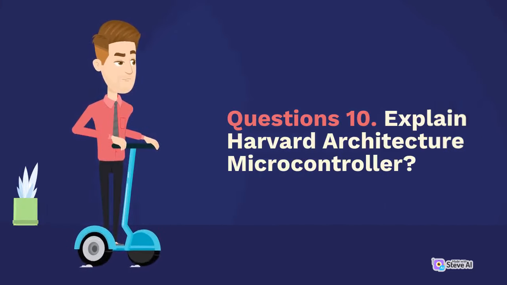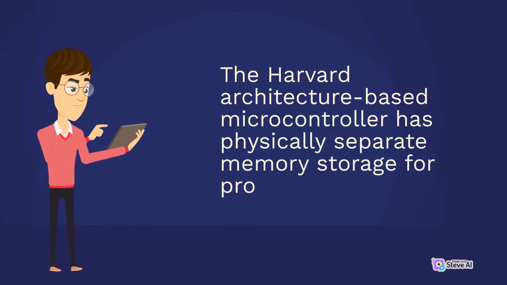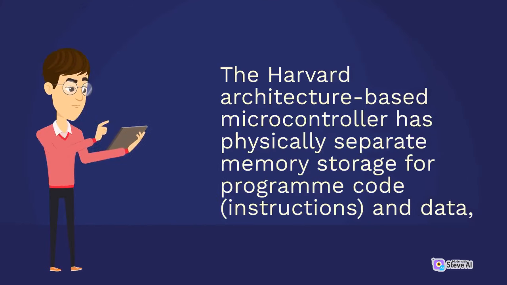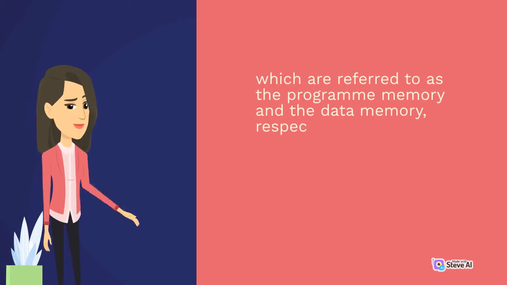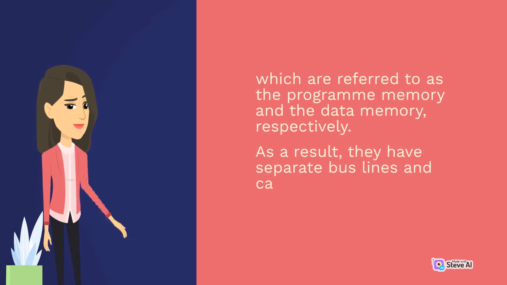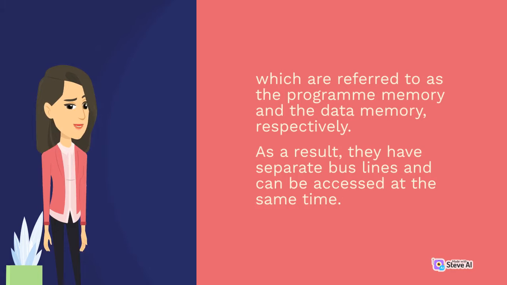Question 10. Explain Harvard architecture microcontroller. The Harvard architecture-based microcontroller has physically separate memory storage for program code, instructions, and data, which are referred to as the program memory and the data memory, respectively. As a result, they have separate bus lines and can be accessed at the same time.